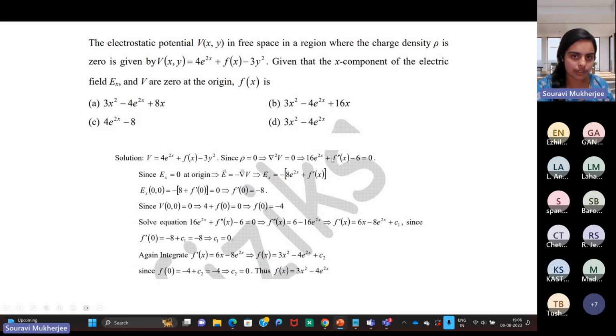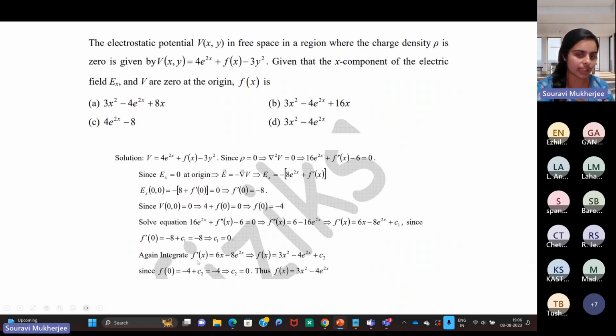So when you try to solve, this is the condition that you get from here. That tells you the double derivative of f with respect to x is given by this quantity here. If you integrate once and make use of this condition, you get the first constant.